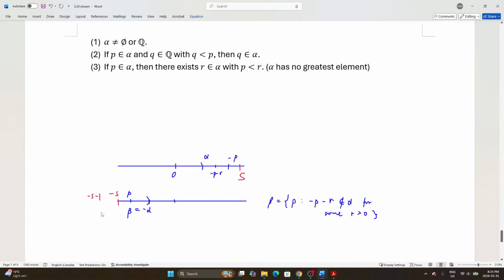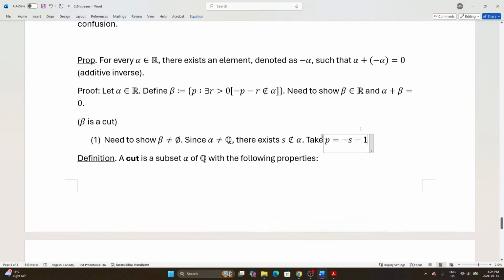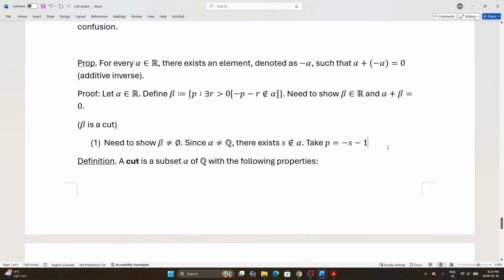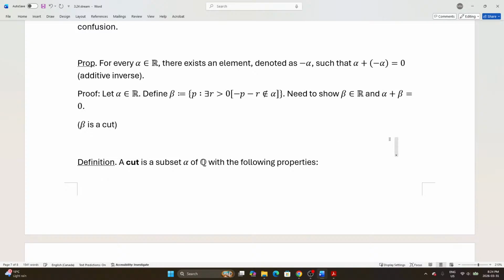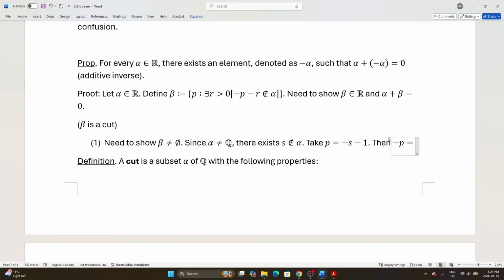Well, the opposite of P, minus P minus 1, is S plus 1, and S plus 1 is greater than S.